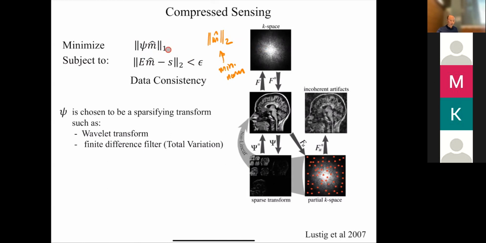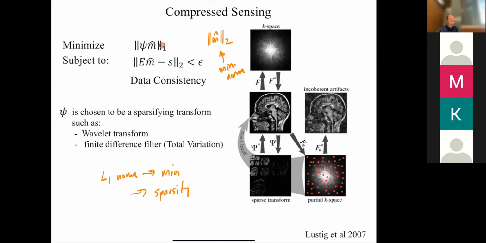So what does this mean? The L1 norm, for those of you who may already know it, is essentially you take the absolute value of every element and add up those absolute values. If I minimize the L1 norm, I enforce sparsity. Things that minimize the L1 norm tend to be things where we don't have many coefficients: most are 0 and you just have a few non-zero coefficients. That's what's going to minimize the L1 norm.